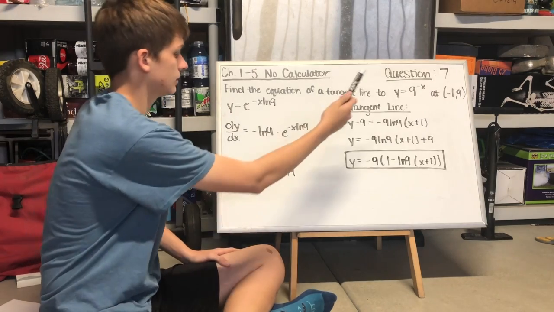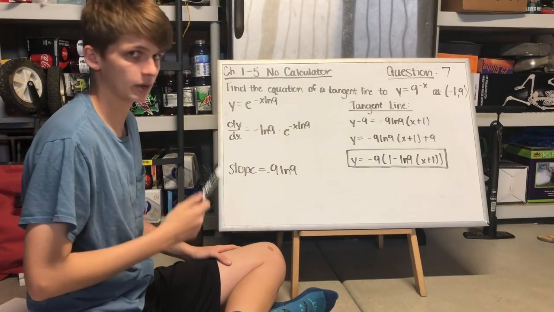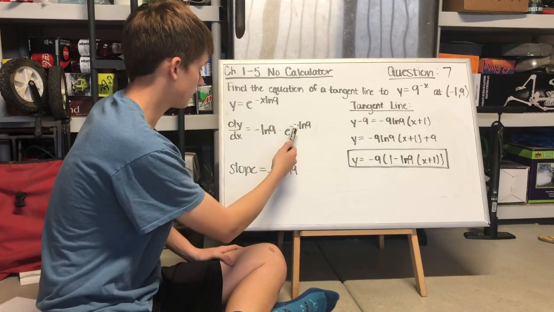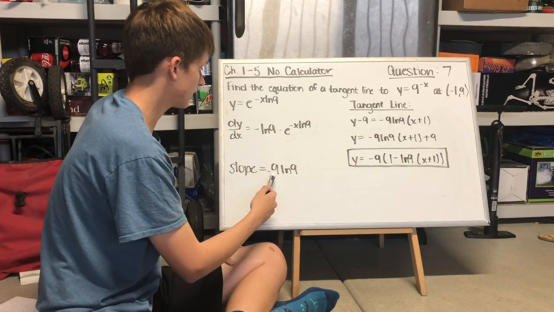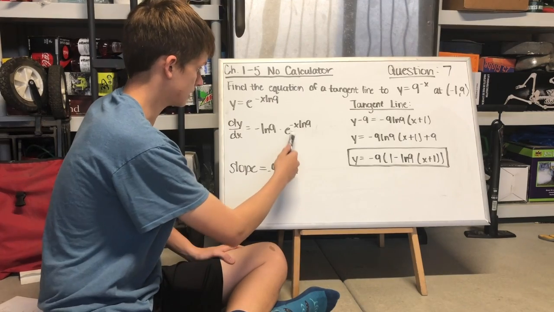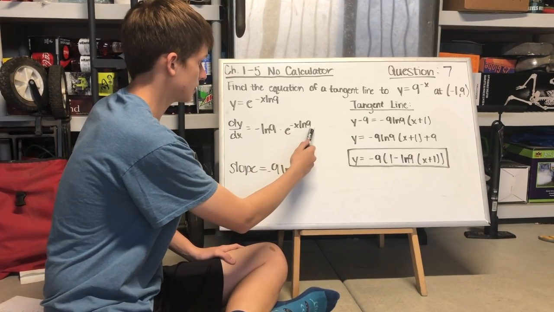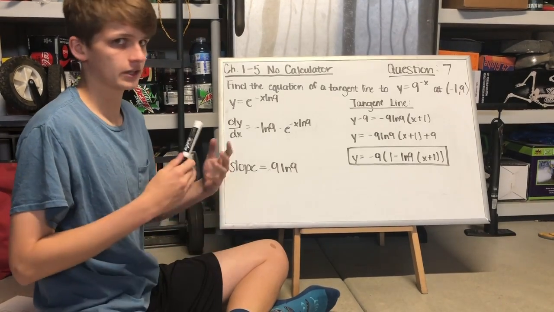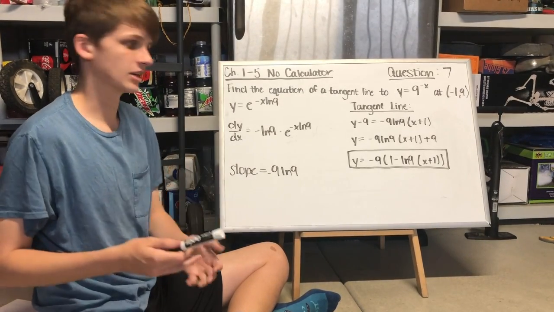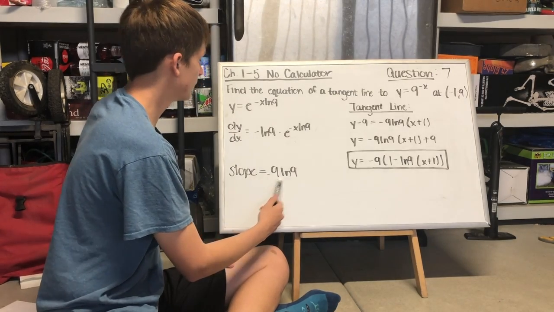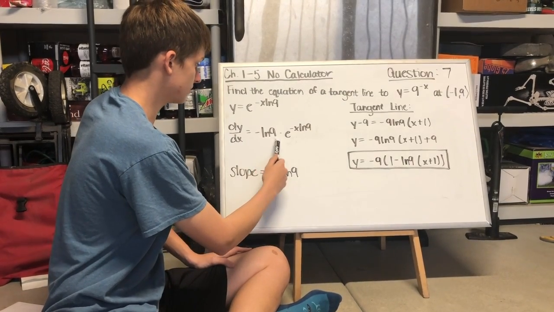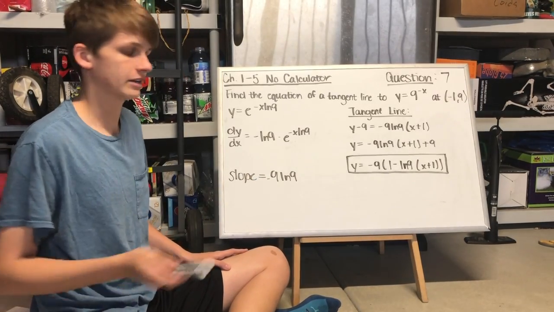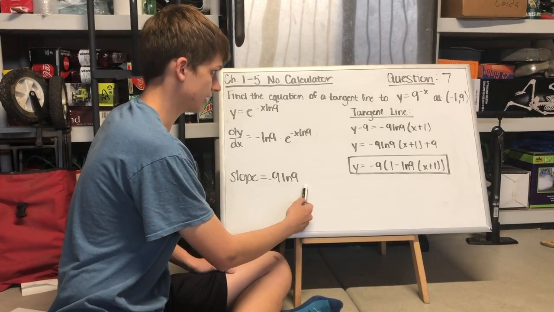So we plug in negative 1 for x to help us find the slope of the tangent line, which when we plug in negative 1, we get negative 9 natural log of 9, because this turns out to be e to the natural log of 9, which, again, e to the natural log of some number is just that number, so we get the 9, and then this is still negative natural log of 9, so 9 times the negative natural log of 9 is negative 9 natural log of 9.